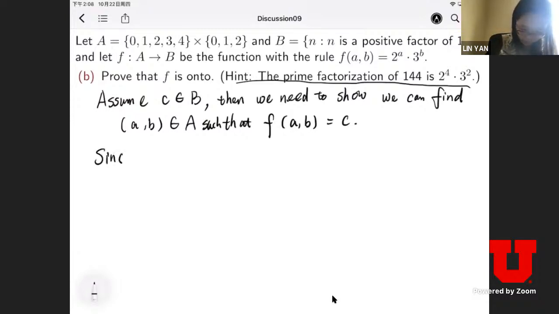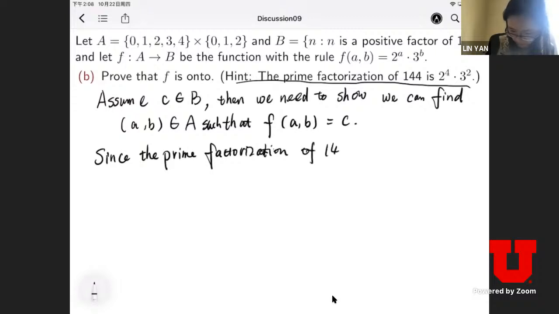Since c is an element of B, and because c is an element of N, c is a positive factor of 144.